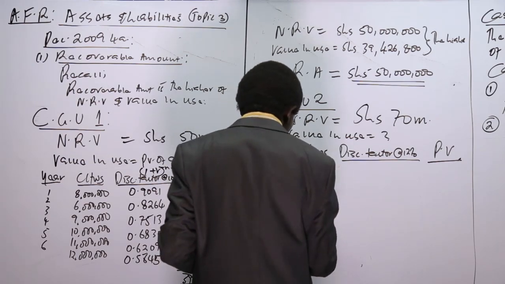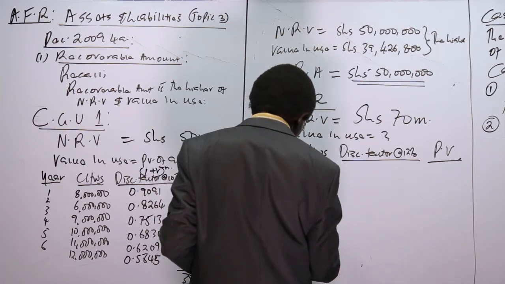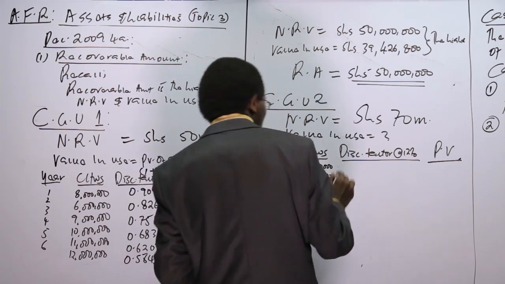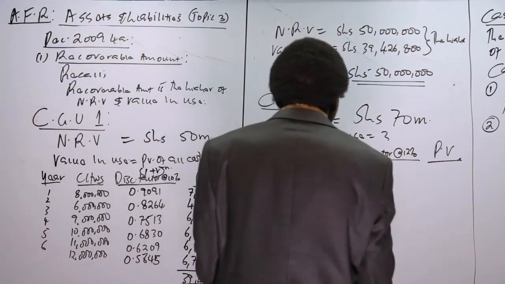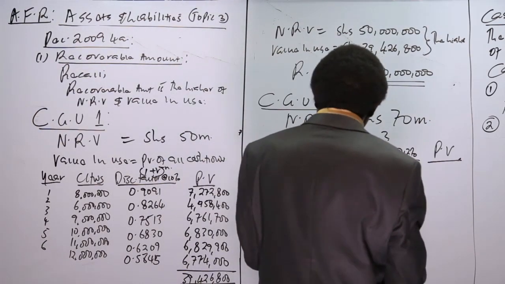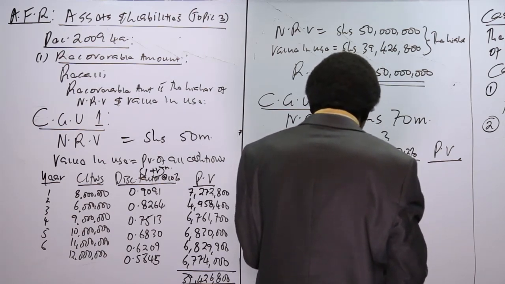Then we have 15 million, then 30 million. So the discounting factor, which will be at 12%, is applied to the 20 million with 1.12.